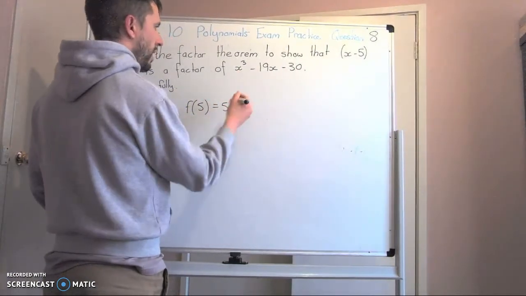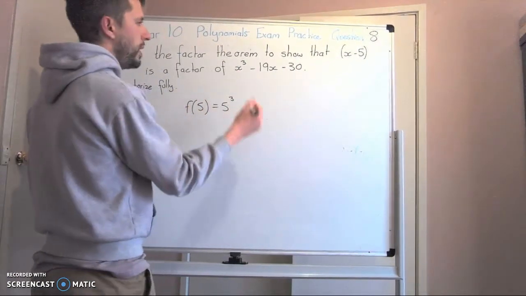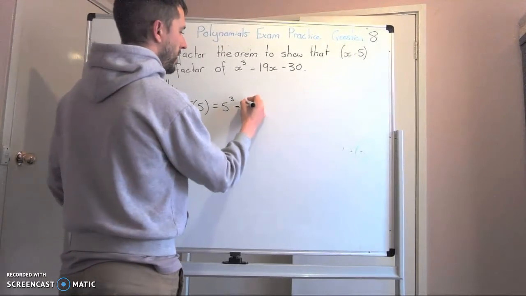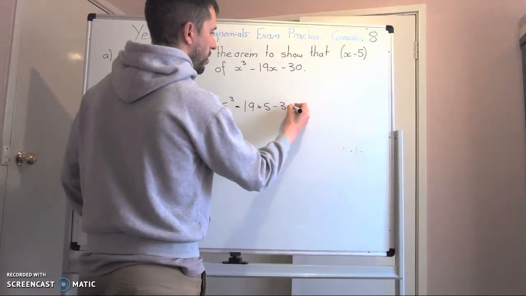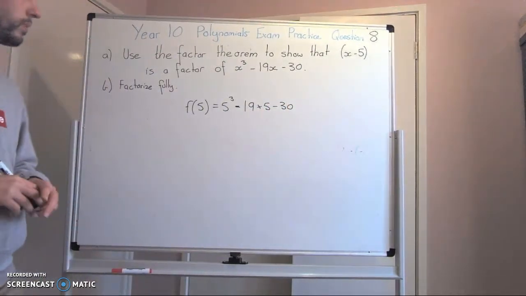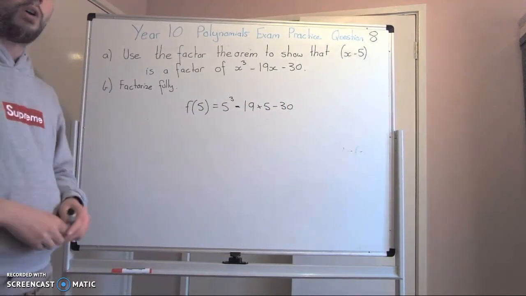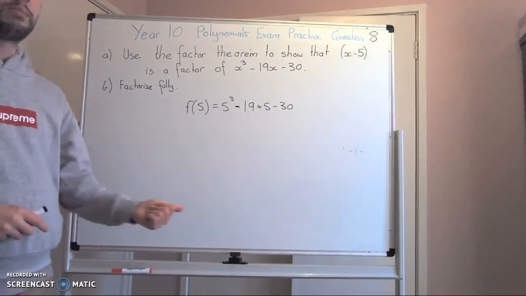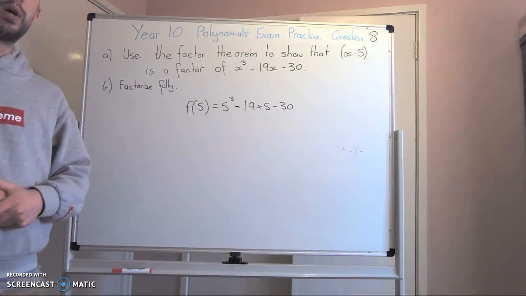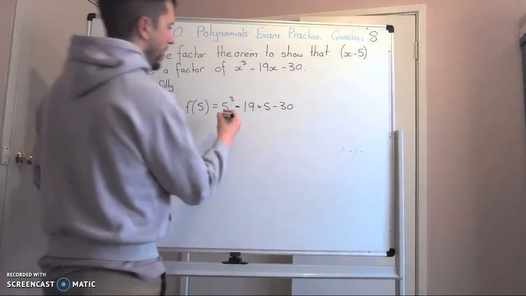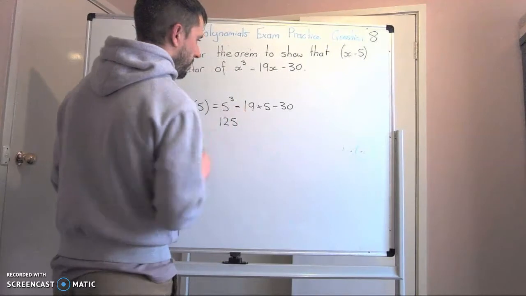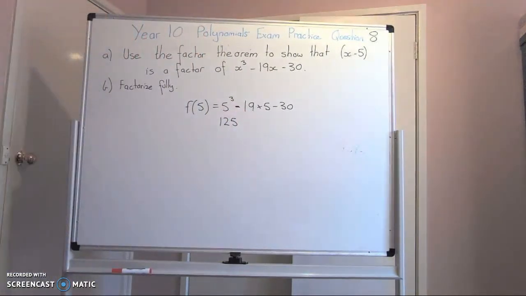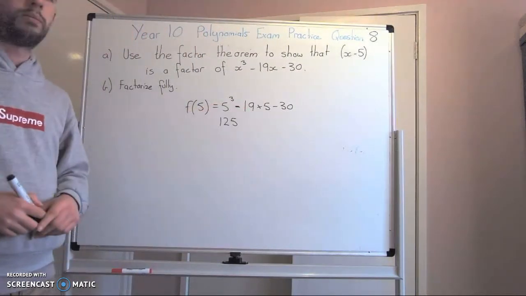So x is 5: 5 to the power of 3, minus 19 times 5, take away 30. Well, 5 to the power of 3 is 5 times 5 is 25, and 25 times 5 is 125. Then I've got 5 lots of 19.